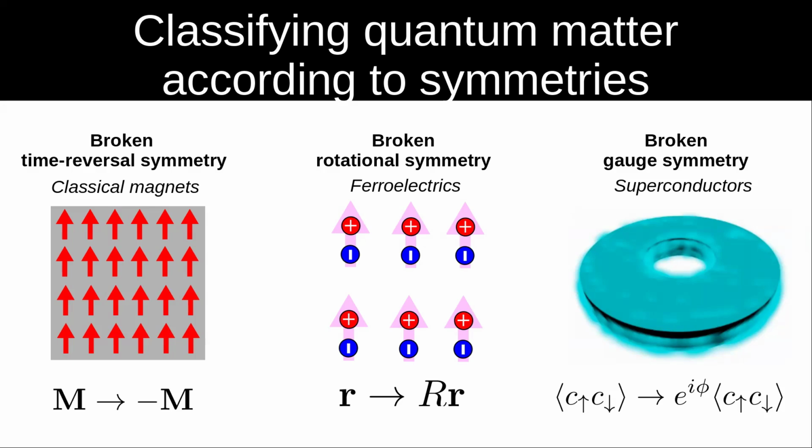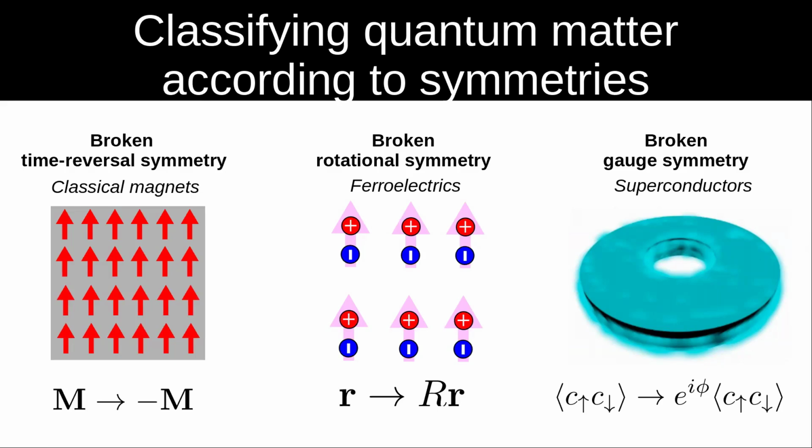This is just because the angular momenta that you have in a magnet, the magnetization of a magnet, is odd under time reversal symmetry.